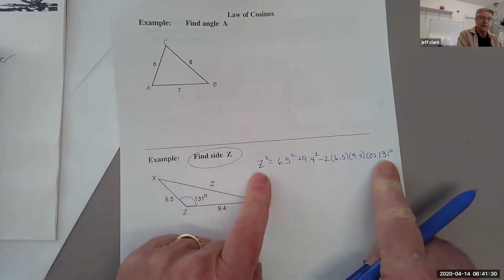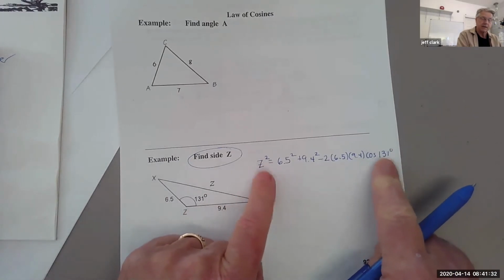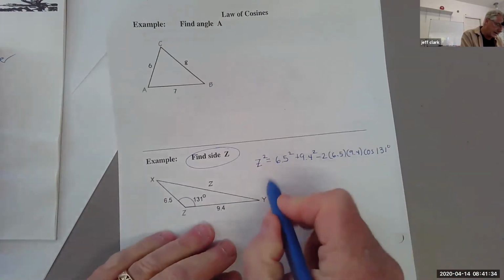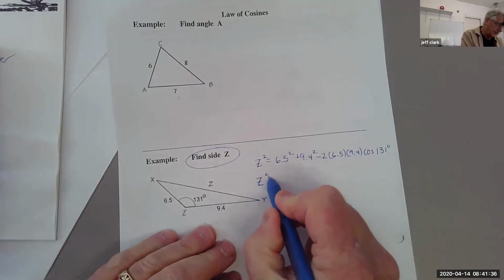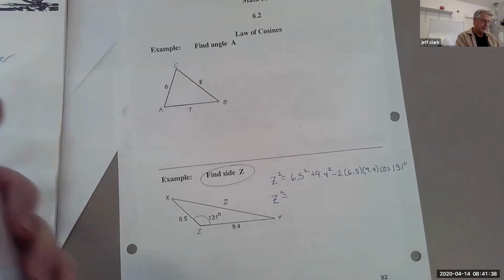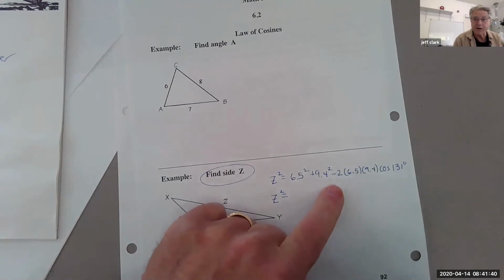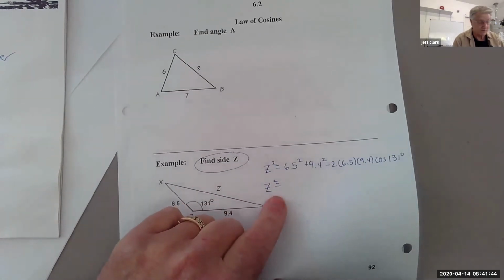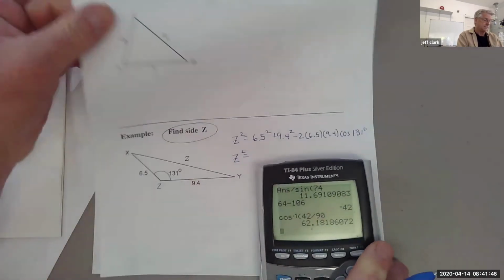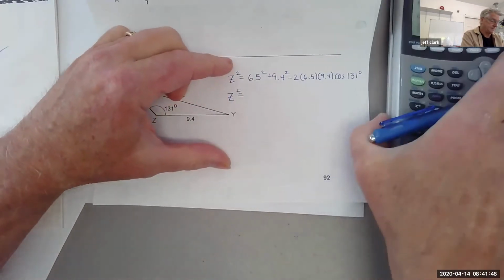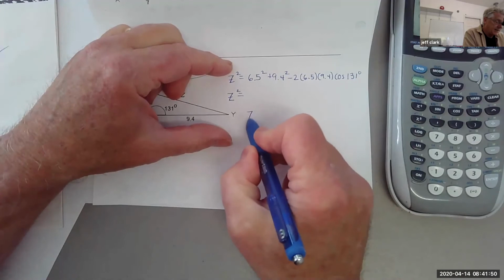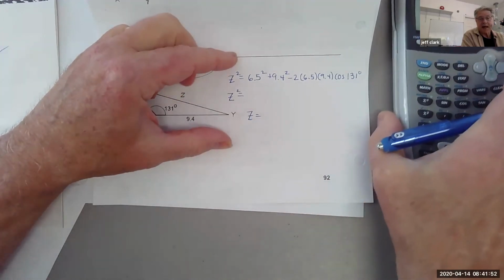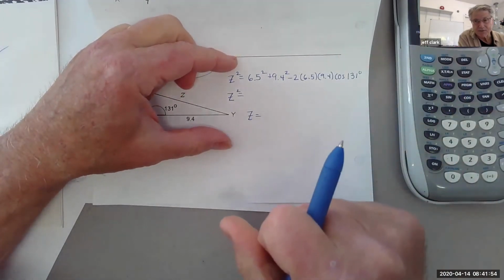So these two are related to each other right here. And so now it goes Z squared is equal to, simplifying this, gosh, this is just a matter of putting it all on your calculator. And eventually we're going to take the square root. So how about this? Z is equal to plus minus, but sides of a triangle are never negative.